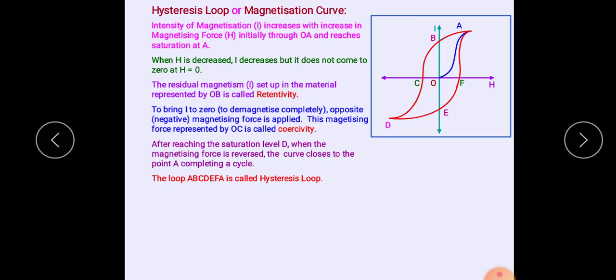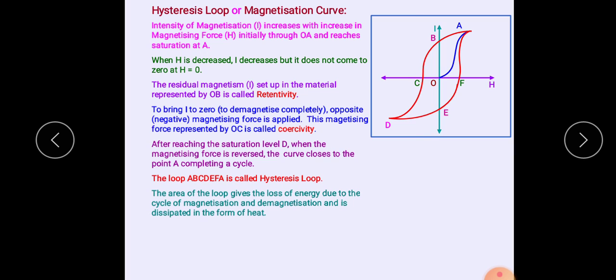The loop A, B, C, D, E, F, A is called hysteresis loop. The area of the loop gives the loss of energy due to the cycle of magnetization and demagnetization and is dissipated in the form of heat.